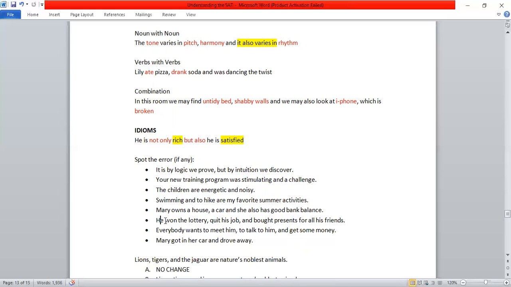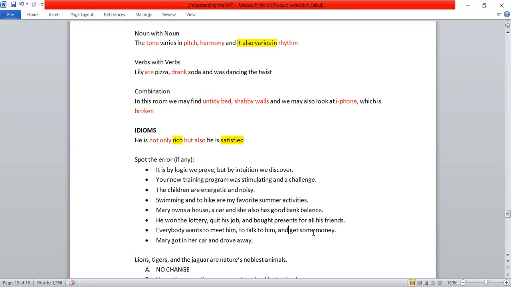Next question. He won the lottery. He did what? Won the lottery, quit his job, and bought presents for all his friends. Won, quit, bought. Absolutely parallel. Correct. Next. Everybody wants to meet him, to talk to him, and get some money. Wants to meet him, wants to talk to him, wants to get some money.